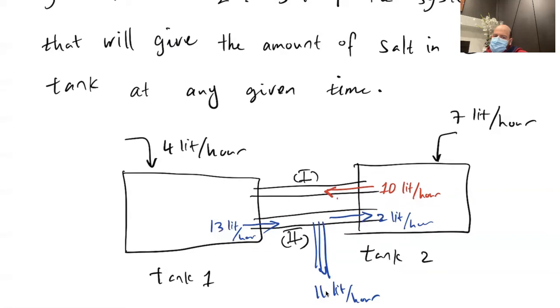14 goes out here, this 11 we can keep as 11. 14 goes out here, cancels out everything for tank 1. 14 goes out, 4 comes in, 10 comes in, so 14 comes in, 14 goes out, everything cancels out. And also for this additional 1 liter here, we can add it to this 2. This 2 becomes 3. So then 3 and 7, 10 comes in, and 10 goes out.